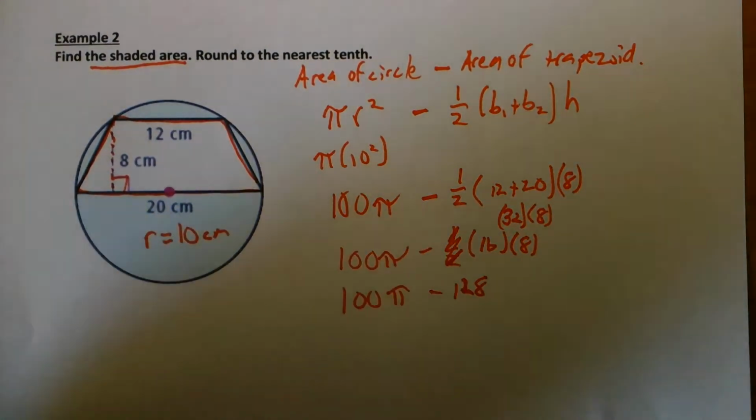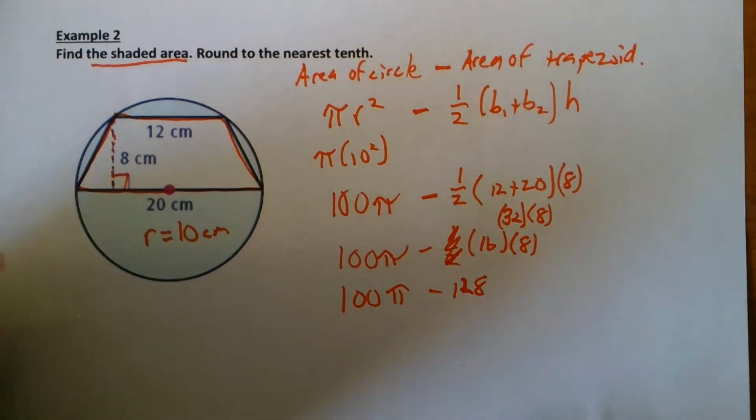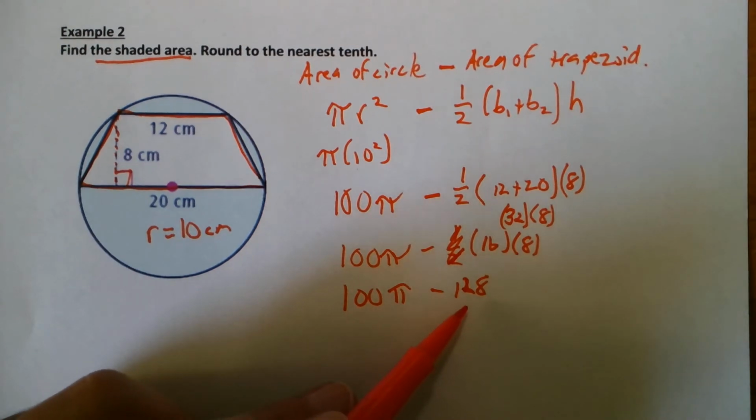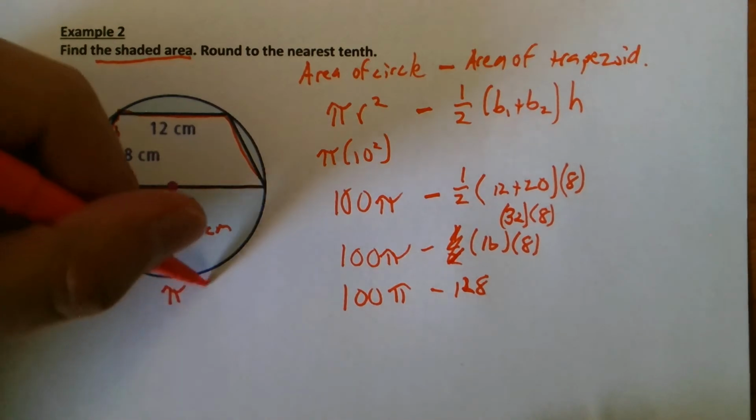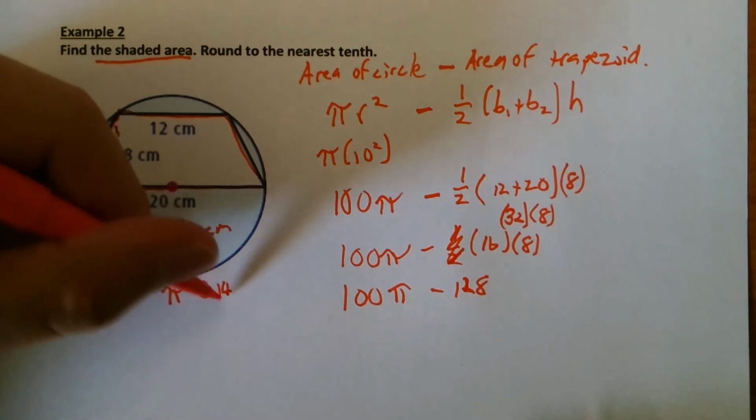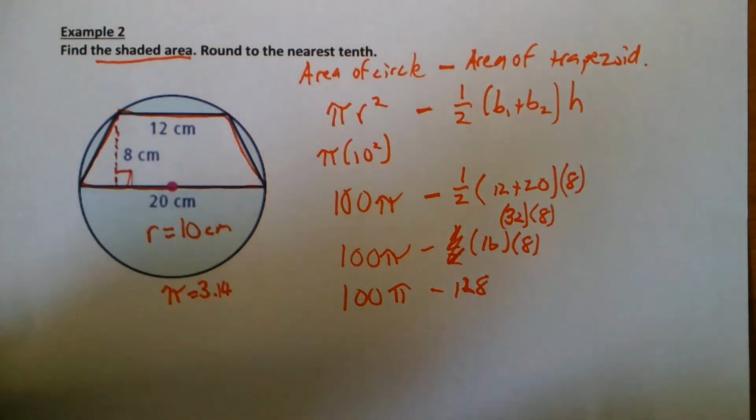Okay. Now, we'd like a more exact value for pi, so we can actually subtract it by 128. So in this case, let's go ahead and substitute 3.14 as the value of pi.